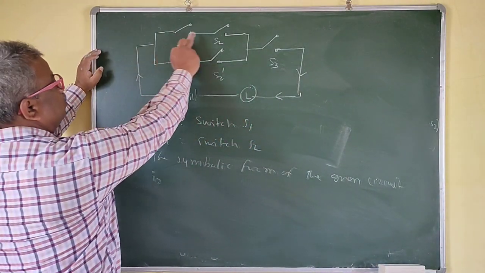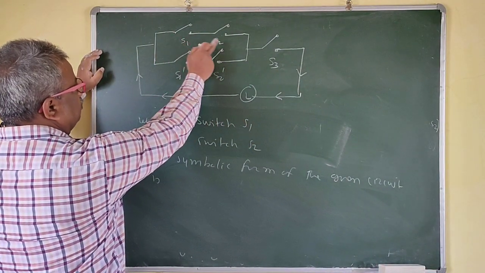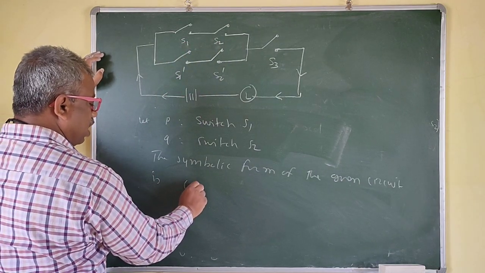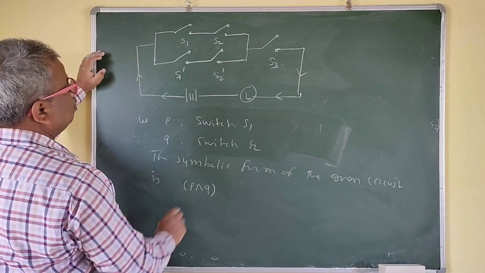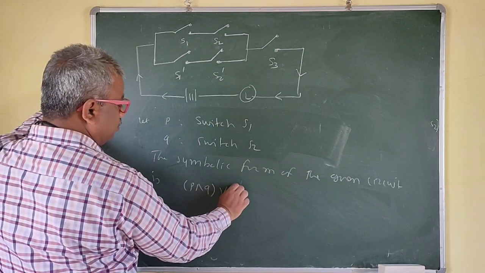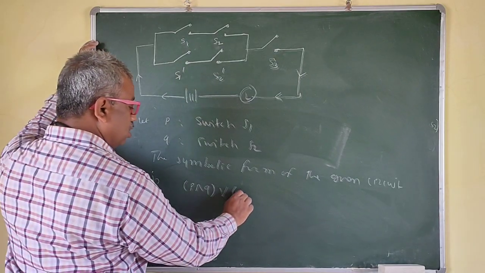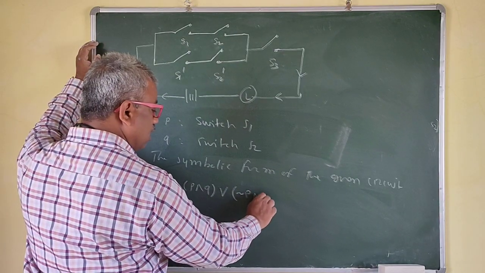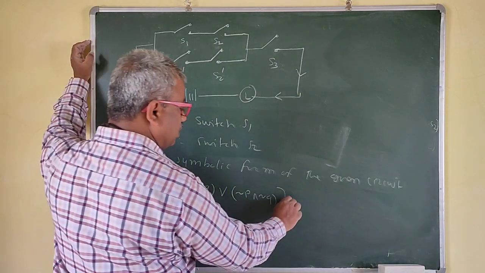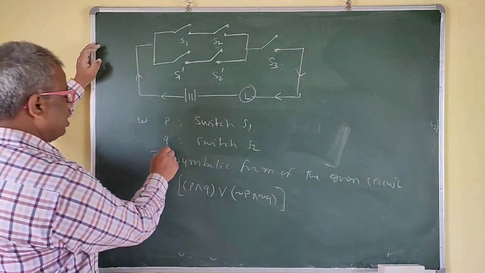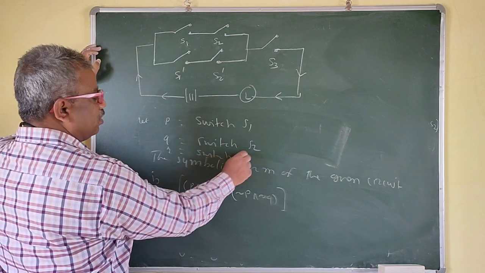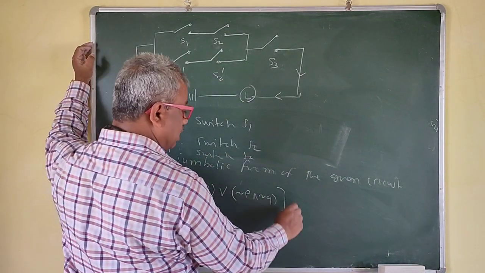Okay, so now these two are in series. That means P and Q. These two are in parallel, so this is negation P and negation Q, and all these are in series with S3. So for S3, you write R. R is switch S3, and this will be in series.